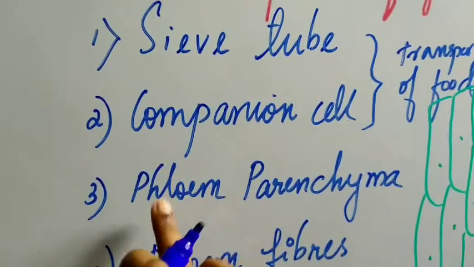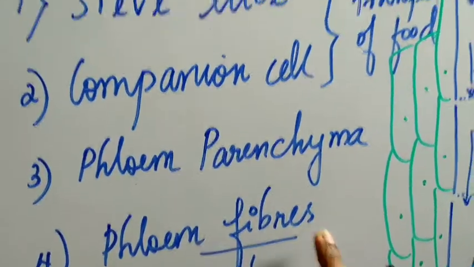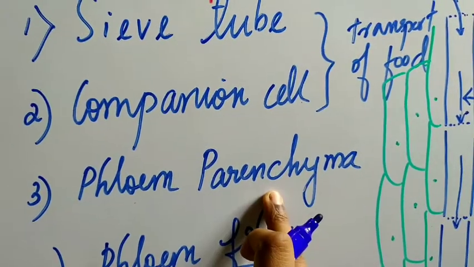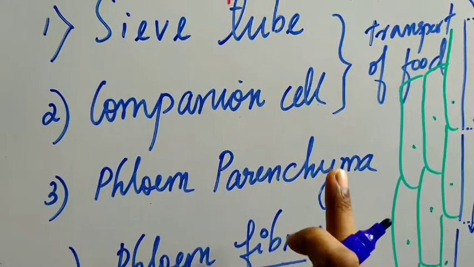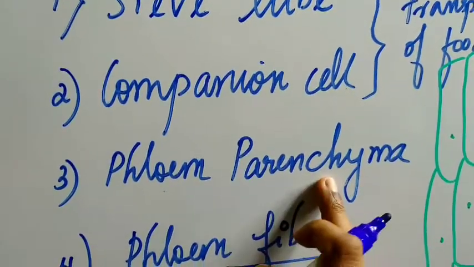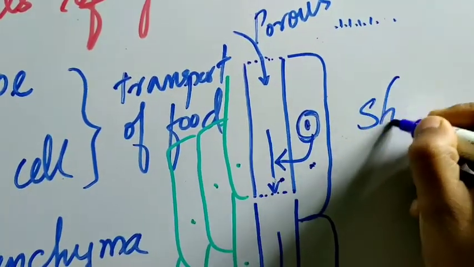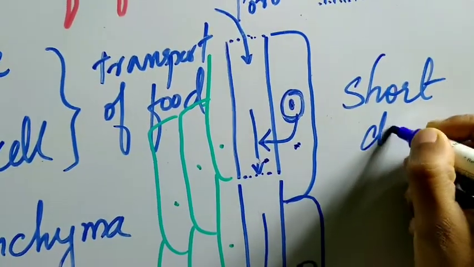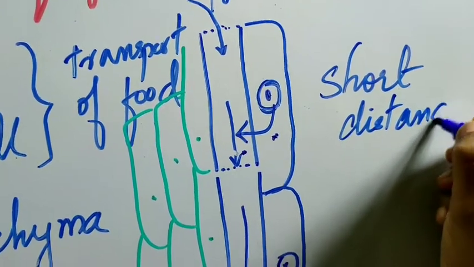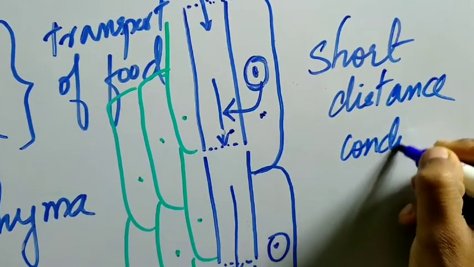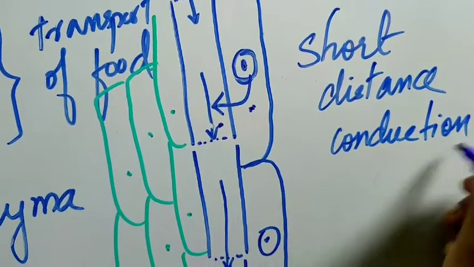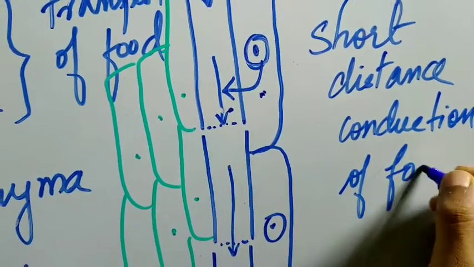So we have phloem parenchyma and phloem fibers. Phloem parenchyma is mainly involved in storage of food. Apart from that, they are also involved in short distance conduction of food.